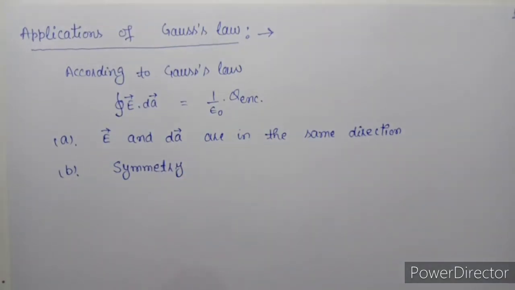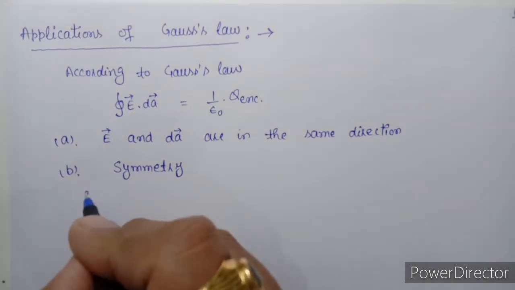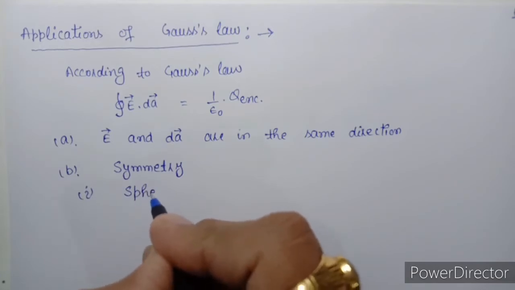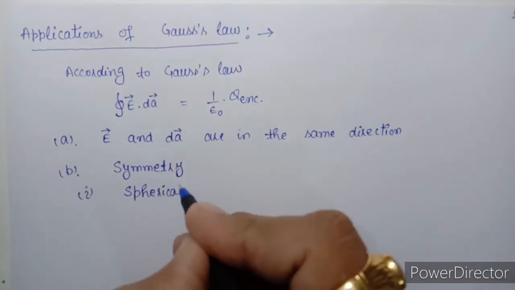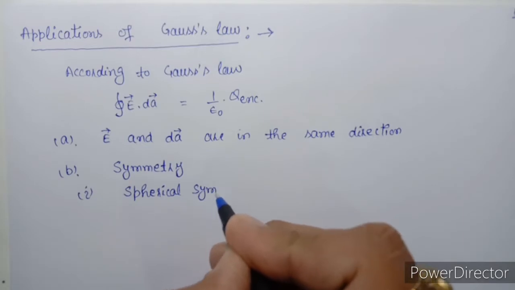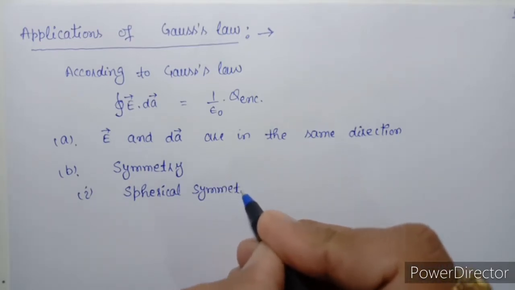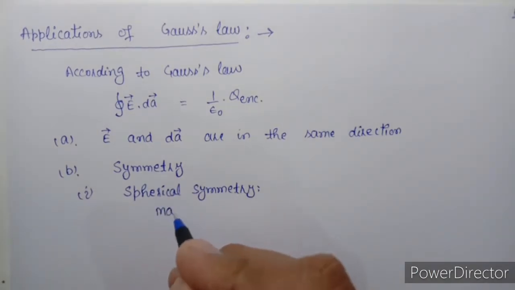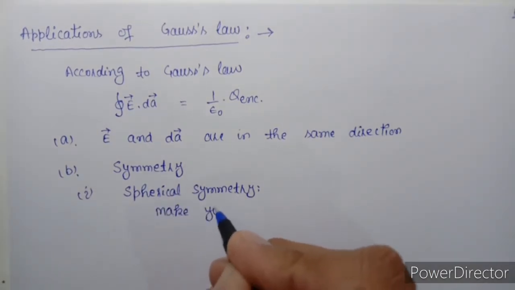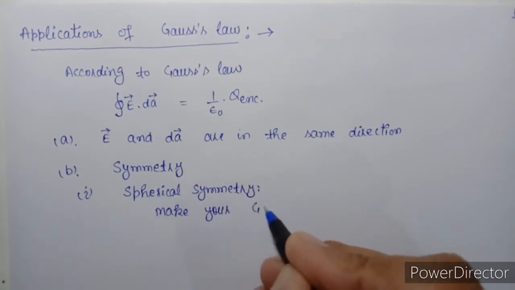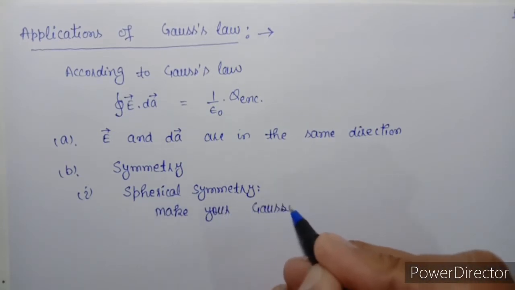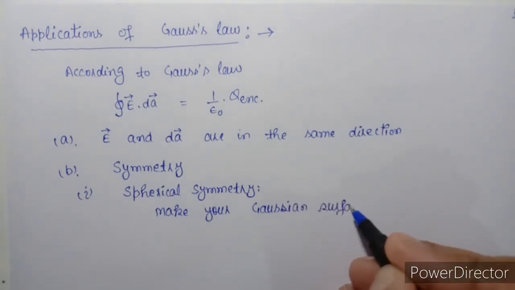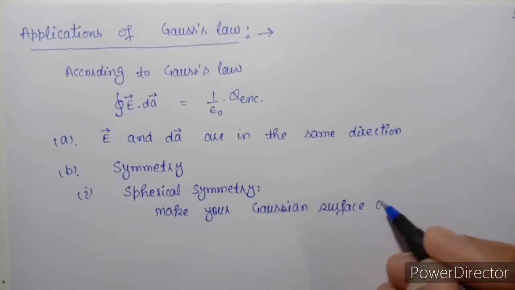We have three types of symmetry. First is the spherical symmetry, that is, make your Gaussian surface a concentric sphere.